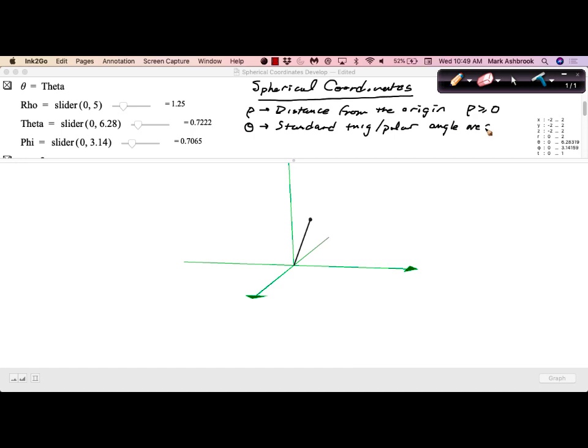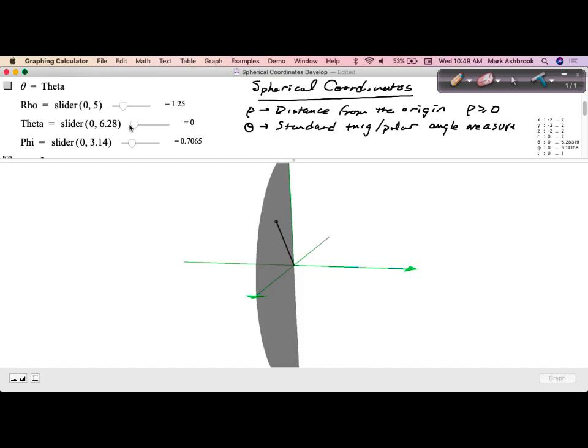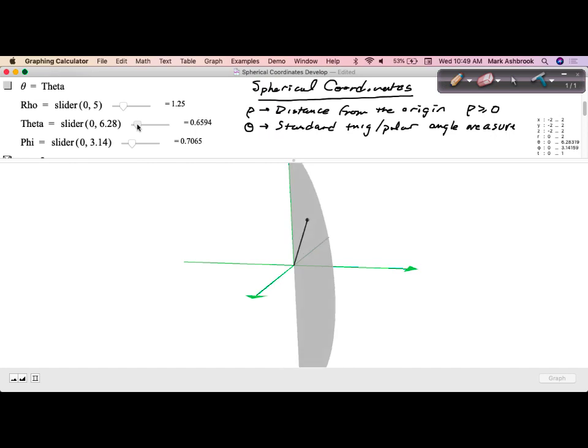An angle is an object. Angle measure is a quantity. So our theta is our standard trig polar angle measure. So I can show the theta plane here. So here is theta equals 0, the x-axis. And then increasing theta means sweeping counterclockwise from positive x.